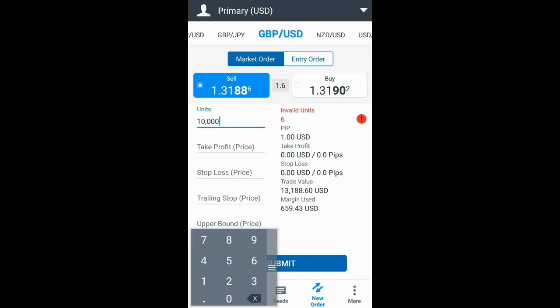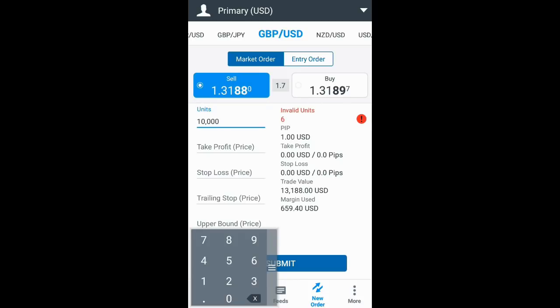So let's create a scenario for ourselves. Let's just say I got $1,000 and I want to invest. I did my research and I purchased the ebook and I want to start, and I see that according to the current market value, I want to take this sell position on the Great British Pound versus the US dollar. And I have $1,000.